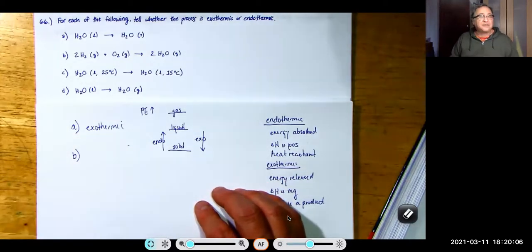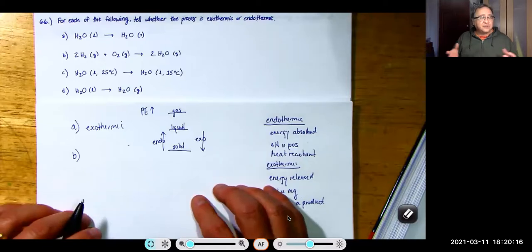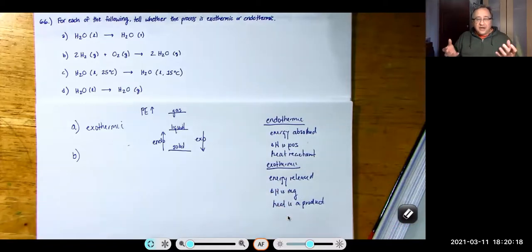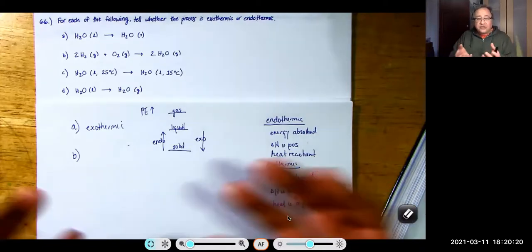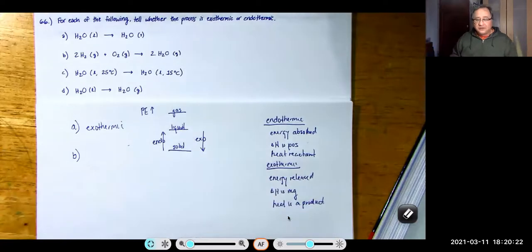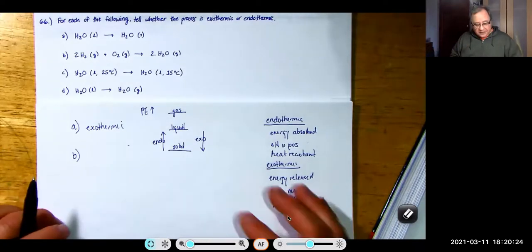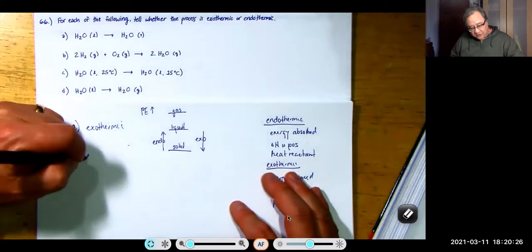It's exothermic. Okay, let's take a look at B, where we have H2 gas plus O2 gas gives you 2H2O gas. This is a reaction where if you take hydrogen and react it with oxygen, it blows up. So a lot of energy is released, and so this is going to be exothermic.